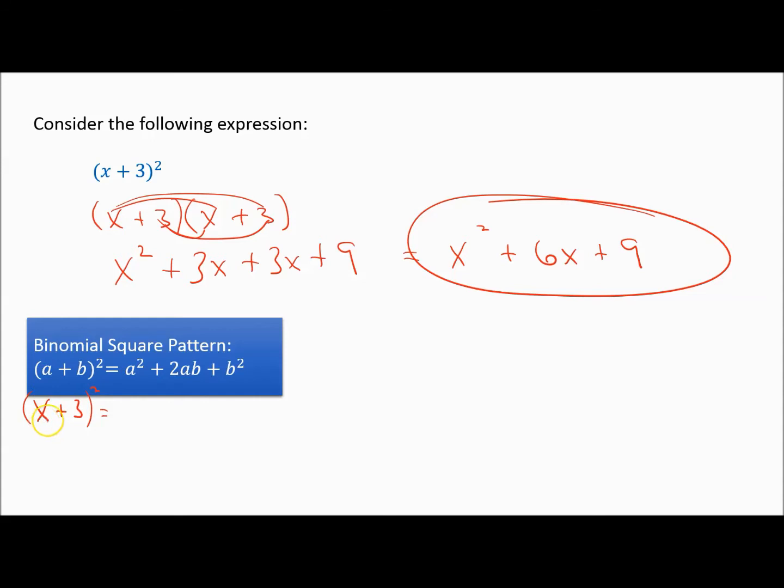So in our problem, that's x. So it'd be x squared plus 2ab. Again, our a is x and our b is 3, so that means multiply a times b, so that's times 3x plus b squared, which is the last one squared, so plus 3 squared is 9.